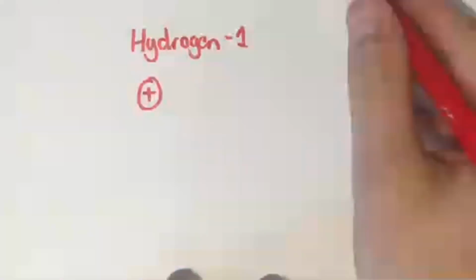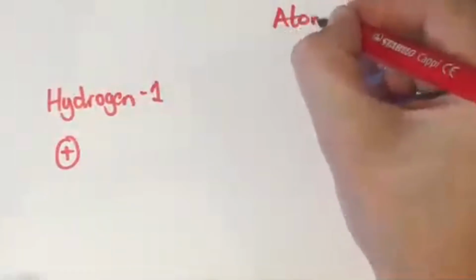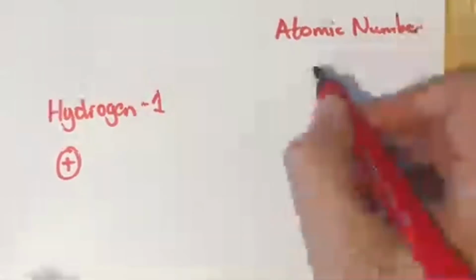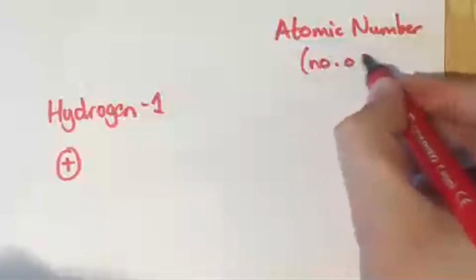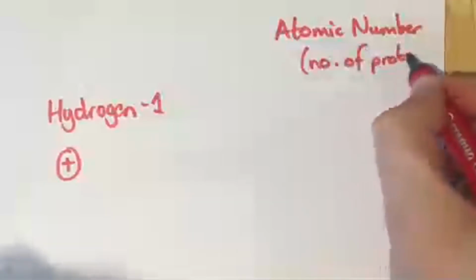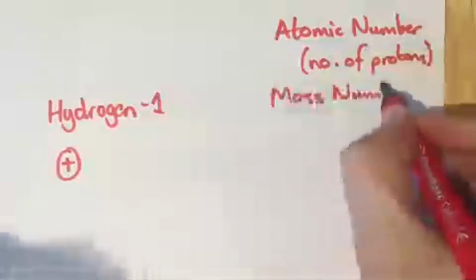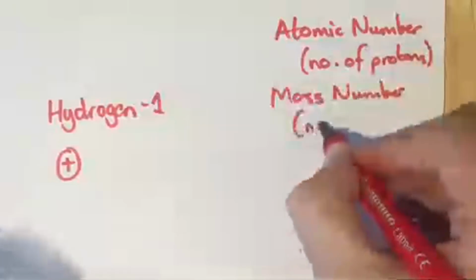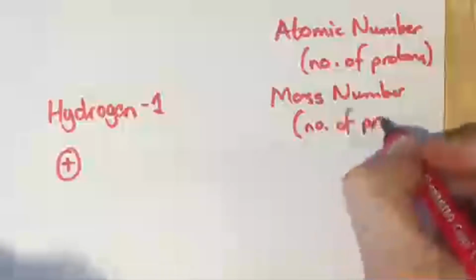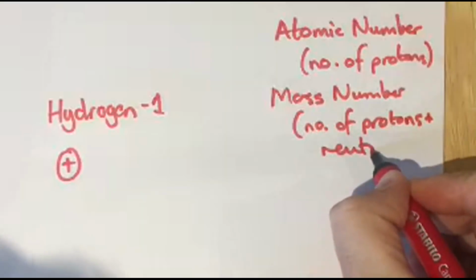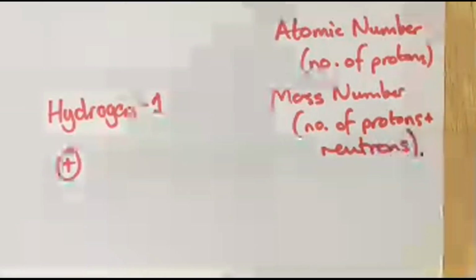Okay. Just quickly, if we're going to talk about isotopes, remember that there are 2 numbers associated with an atom. There is the atomic number, that's the number of protons, and then there's the mass number, and that is the number of protons and neutrons. Okay.